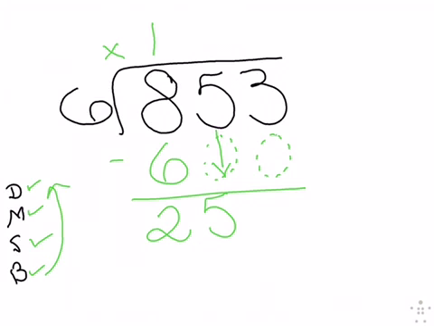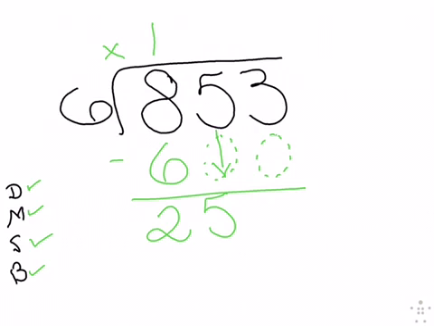We start again. I'll start with a new color. I now have 25 tens divided by 6. So we count by 6s again. 6, 12, 18, 24. Oh, just 24. How many was that?